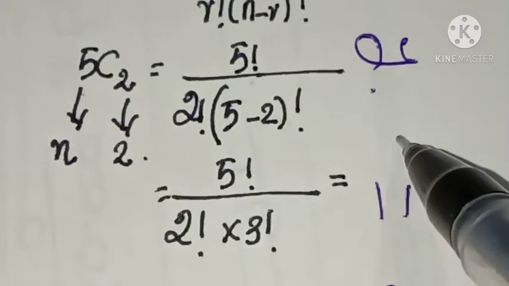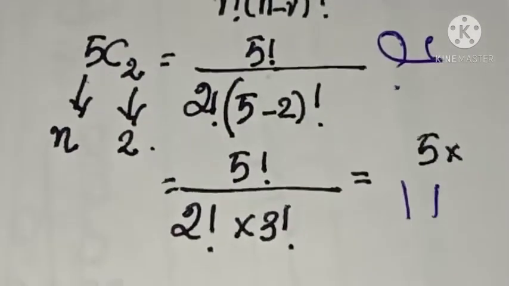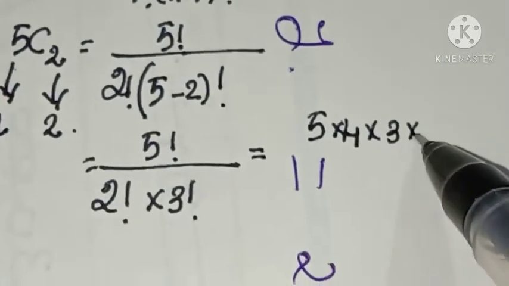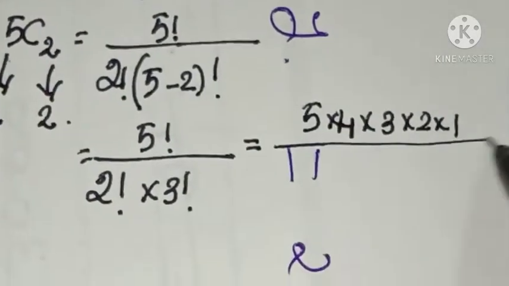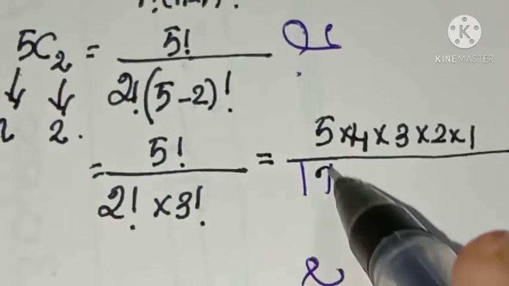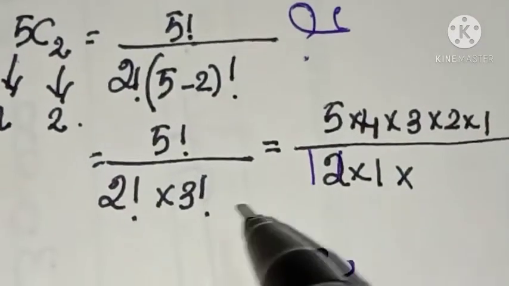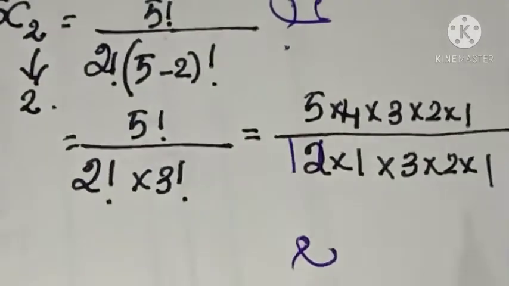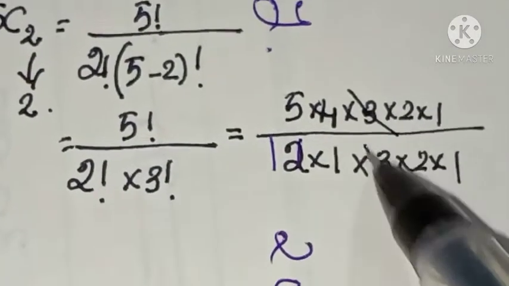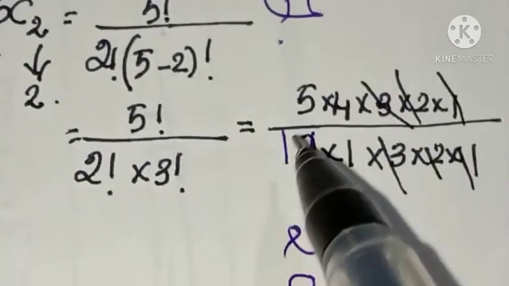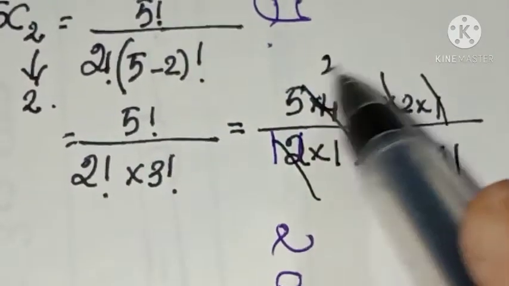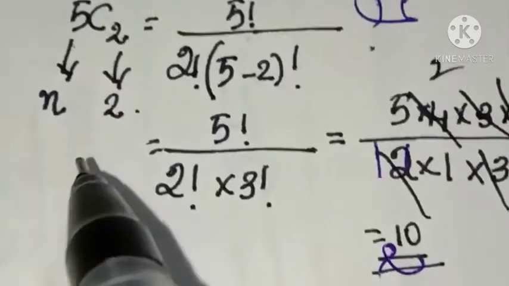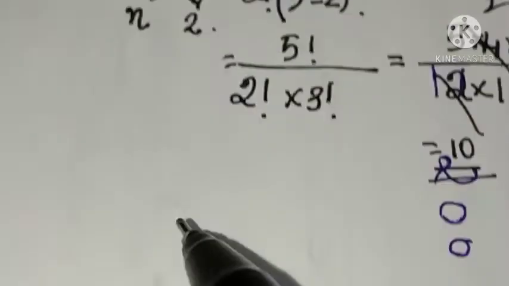This can be written as 5 into 4 into 3 into 2 into 1 divided by 2 factorial, which is 2 into 1, into 3 factorial, which is 3 into 2 into 1. So here we can cancel 3, 2, 1 and this 2 and 4 two times. So 5 into 2, 10. Okay, 5C2 is equal to 10.